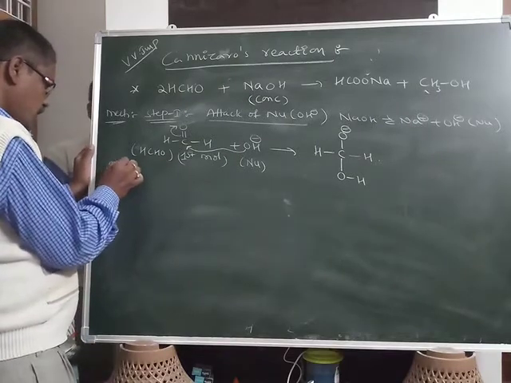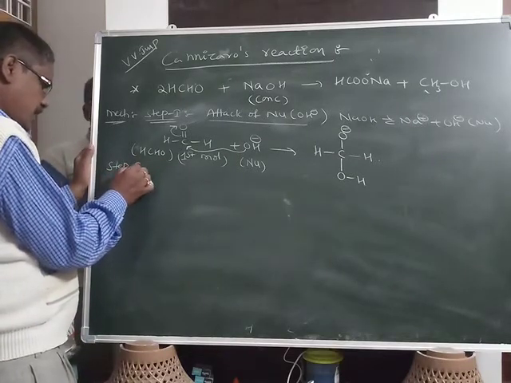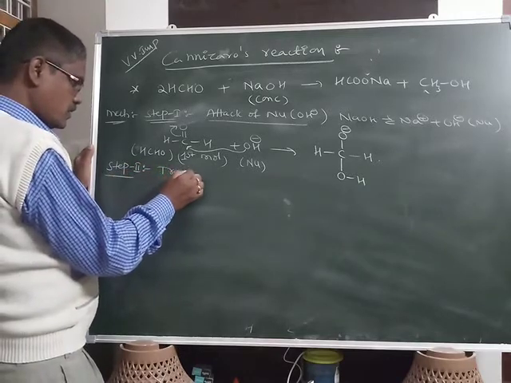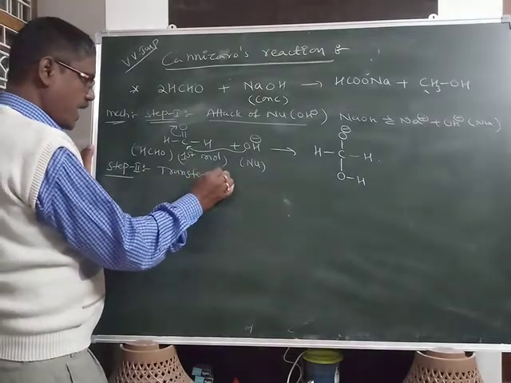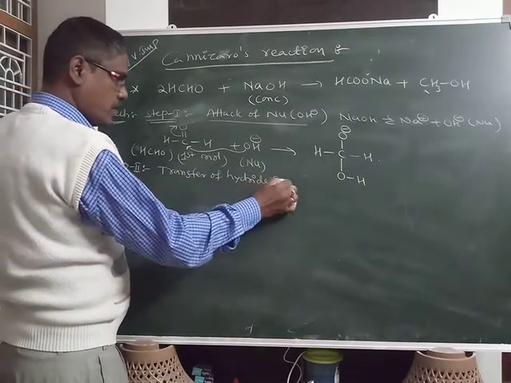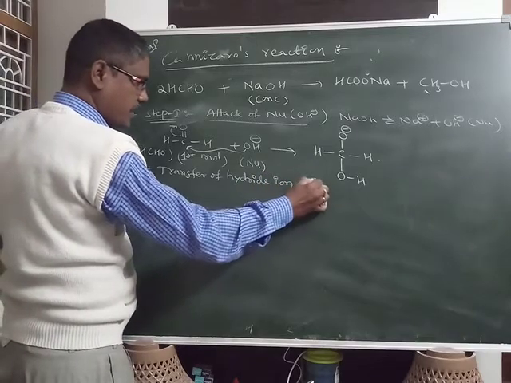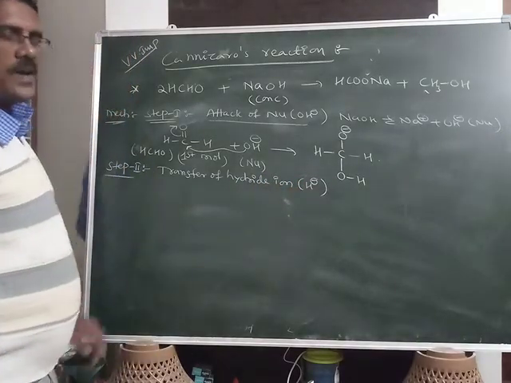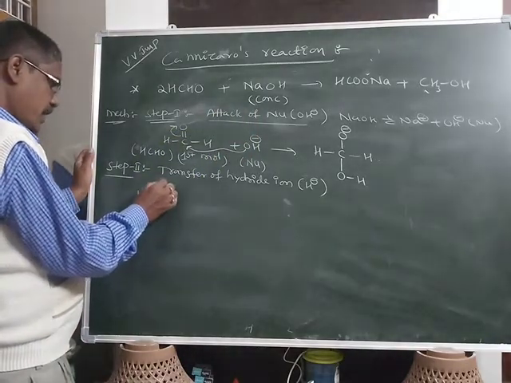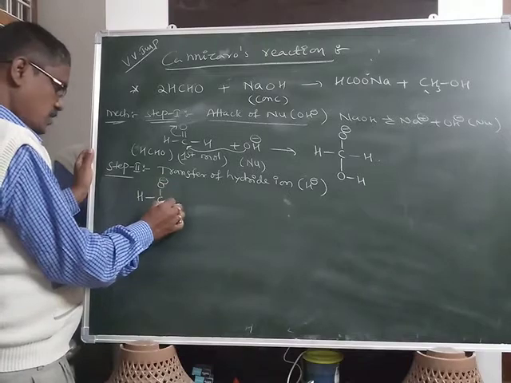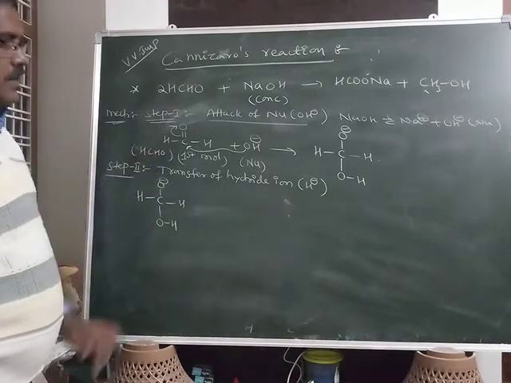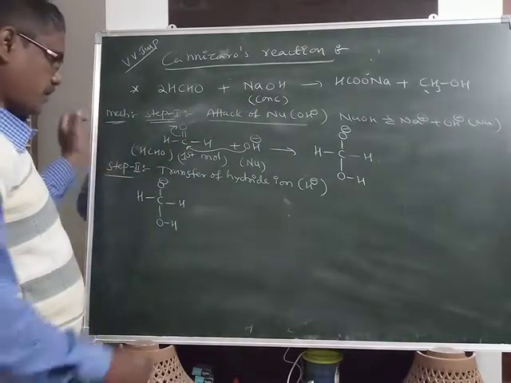Now step 2, this is the important step: transfer of hydride ion, H minus. Here H already present, O minus already present, H already present, OH already present. This is the intermediate product from the first step.